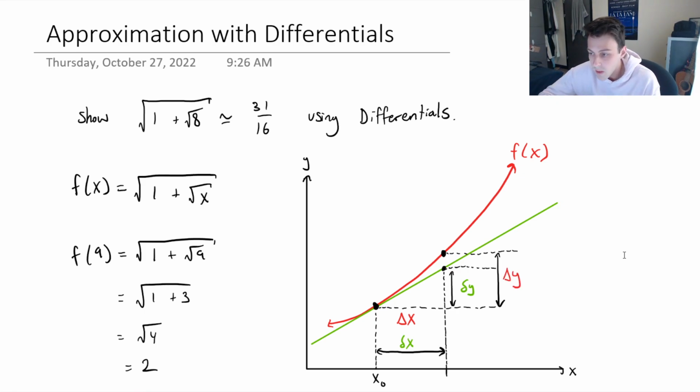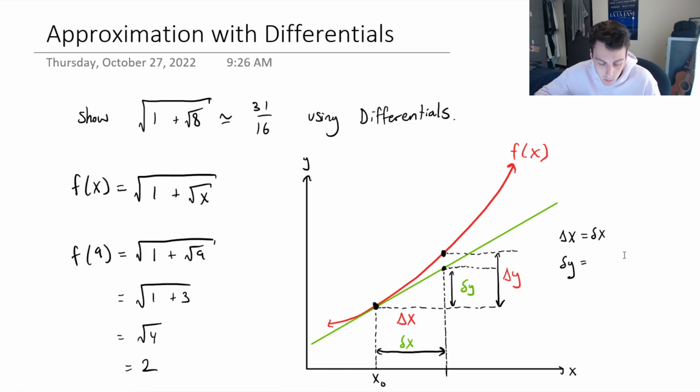So a couple things here let's point out, okay? Notice we've got that capital delta x is equal to lowercase delta x. So the differential of x is the full change in x of the function. We've also got that lowercase delta y, so the differential of y.